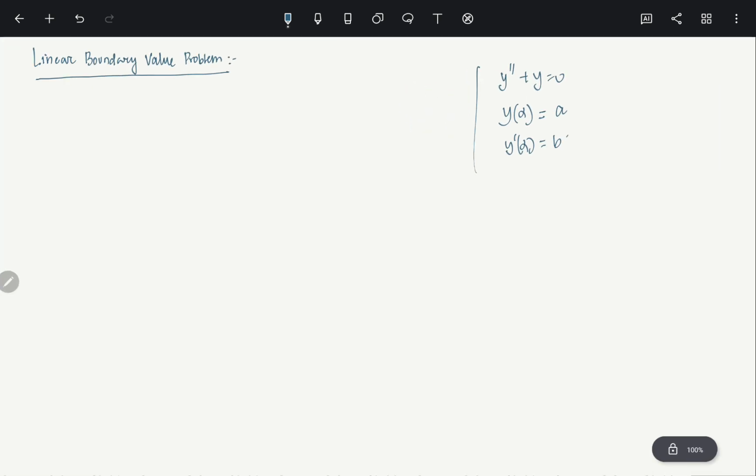Now what we want is to see what happens if there are 2 points, alpha and beta, and you know y at the point alpha and y at the point beta, or y prime at alpha or y prime at beta. So you have data at 2 points alpha and beta, not only at the point alpha. Now what can we say about existence of solution, or uniqueness? Those are the questions we want to answer now.